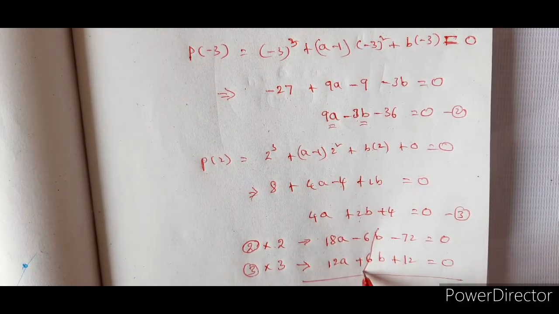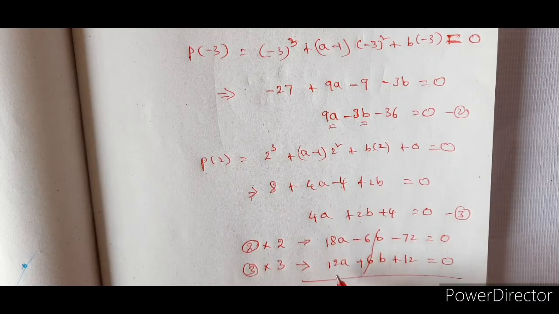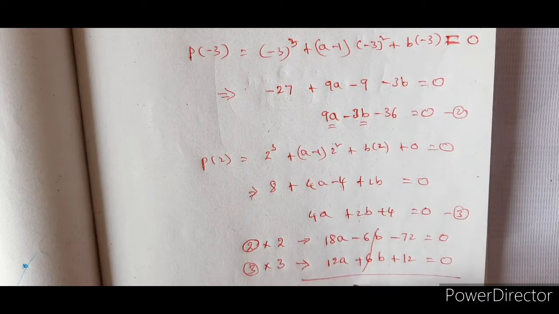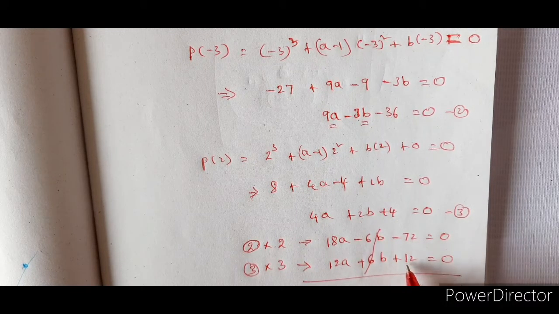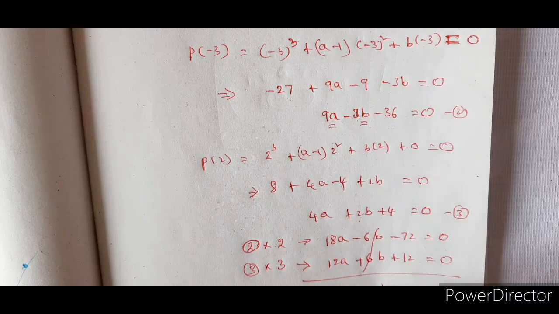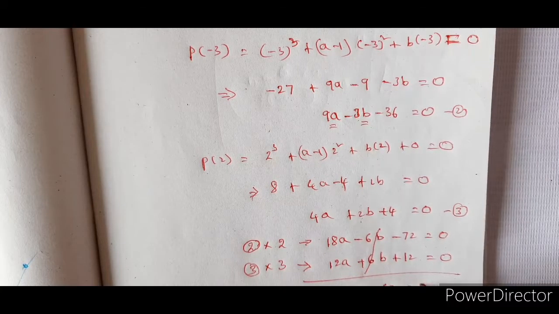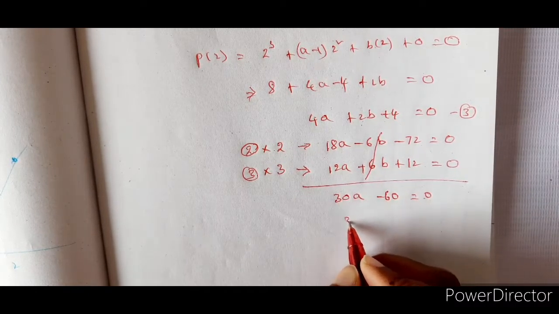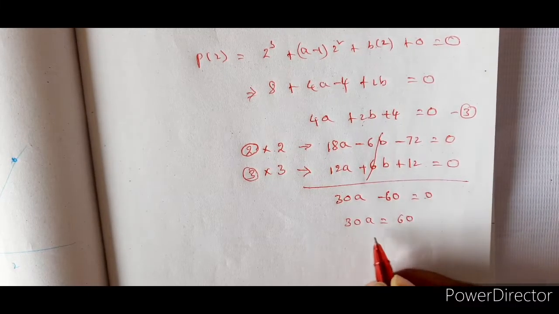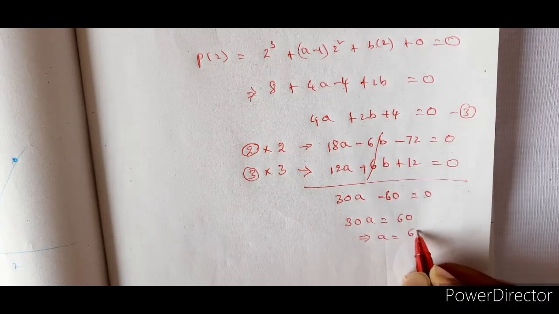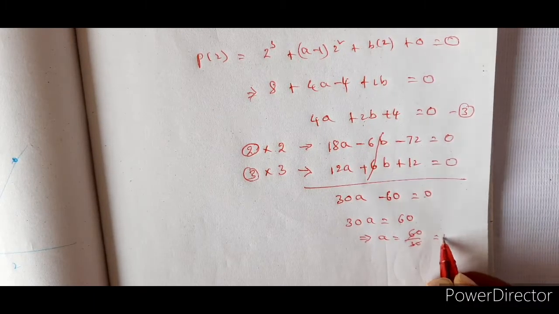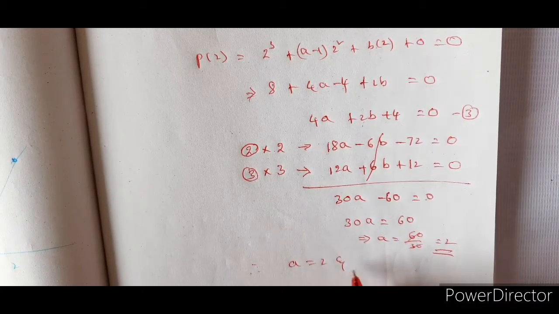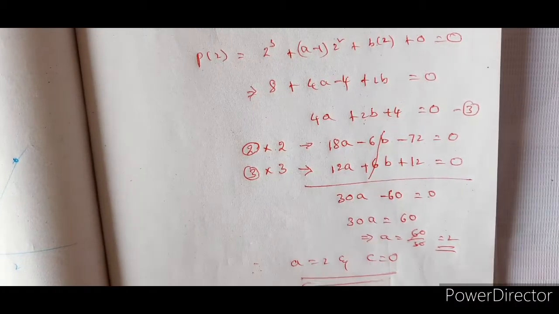On adding these, the b terms cancel. 18a plus 12a is 30a, and minus 72 plus 12 is minus 60, equal to 0. So 30a minus 60 is equal to 0, or 30a is equal to 60, which implies a is equal to 2. So we got, therefore, a is equal to 2 and c is equal to 0 as the answer.